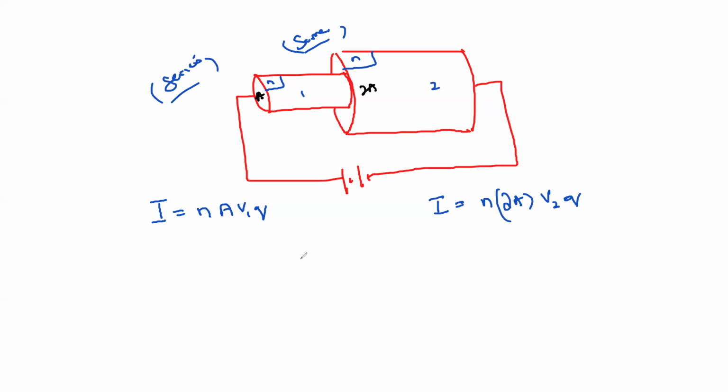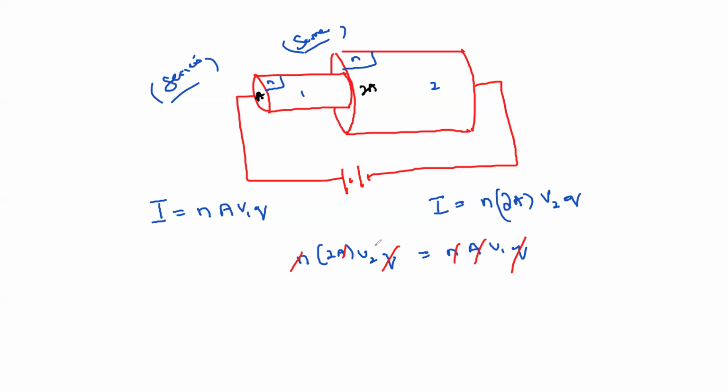If I compare the two equations, n × 2A × V2 × Q equals n × A × V1 × Q. Q cancels with Q, n cancels with n, A cancels with A. So what is the relation here?